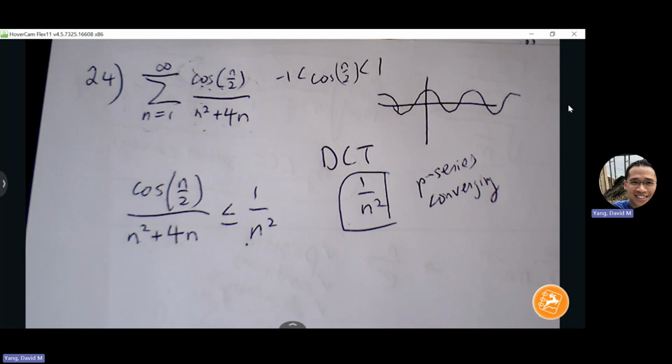For the most part, I'm not gonna say this is a rule, but if the function has a plus, then most of the time it's gonna be comparison, right? But we should do nth term test first.